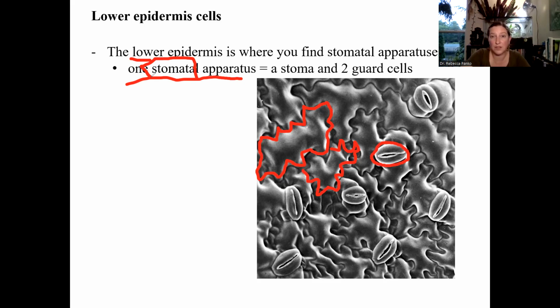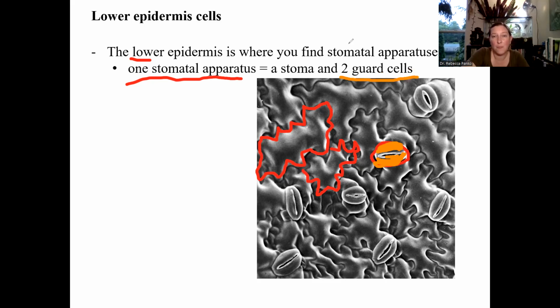But basically one of those, so I circled one of them, right? One stomata, and each stomata has two parts. It has guard cells, which I'll do here in orange. Here's one guard cell. Here's the other guard cell. So two guard cells.